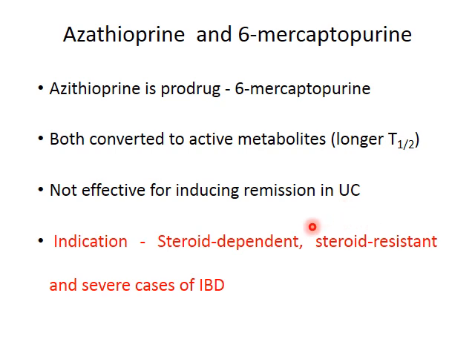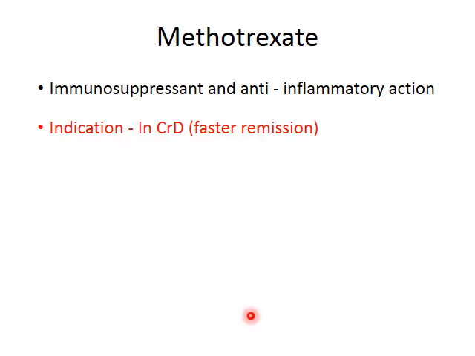They are indicated in cases of steroid dependent or steroid resistant, as well as severe cases of inflammatory bowel diseases, both ulcerative colitis as well as Crohn's disease. Another drug which is also known as an immunosuppressant is methotrexate. This is a dihydrofolate reductase inhibitor, which can reduce the production of folate, as well as having an immunosuppressant effect. It also produces an anti-inflammatory effect.